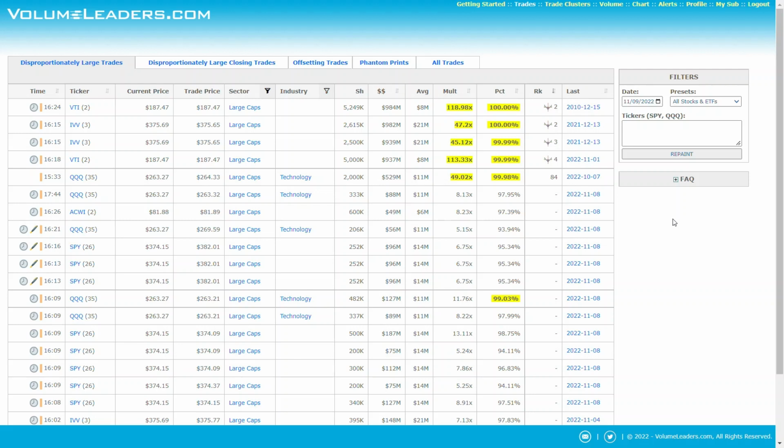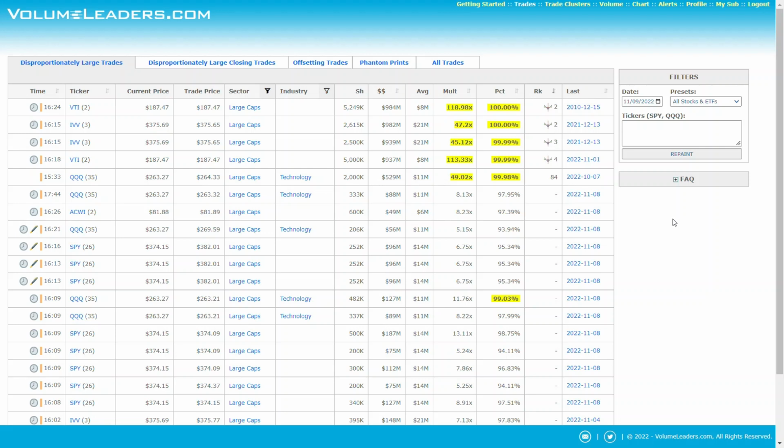But if you can understand what institutions are doing and when and where they're doing it, you have a place to define risk. You can more easily know what your parameters are, when you should act or when you should not act. Some of these signals are signals to get out of a trade or to avoid a trade rather than to get in.